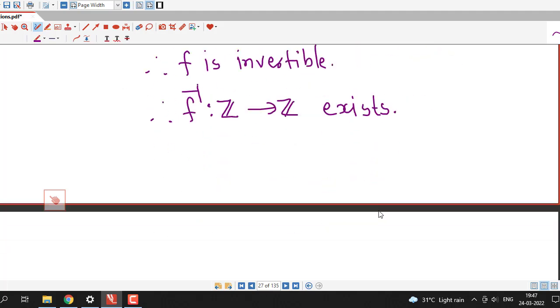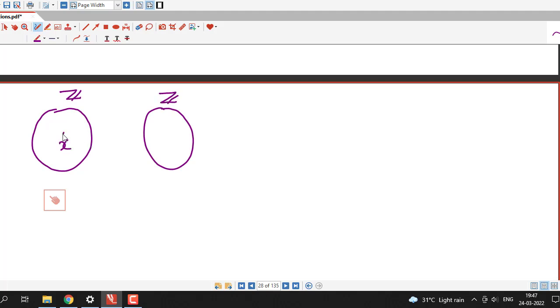Now to define this f inverse, suppose I consider two sets which are domain and codomain, both are set of integers. Suppose I consider x here, then image of x we denote by y, and y will be equal to f(x). So we are interested in the function f inverse from Z to Z, and elements of codomain are denoted by y.